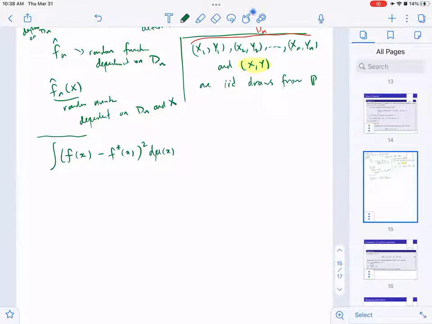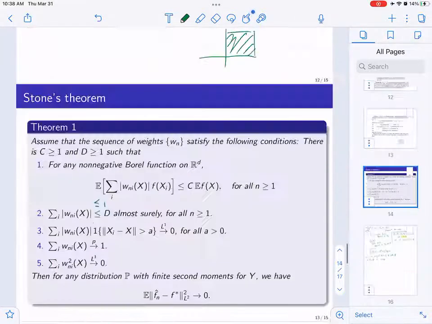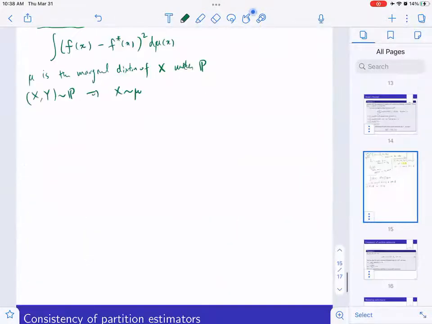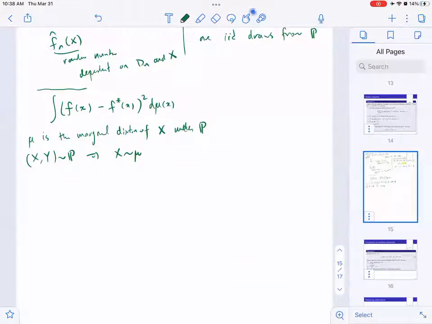Mu is the marginal distribution of x under P. What I mean is that if x and y are drawn from P, then x has distribution mu. Let's say this is the joint distribution, this is x, this is y. The marginal would be the projection down on this axis. It would be like a Gaussian in that case. So we take the average with respect to this distribution.